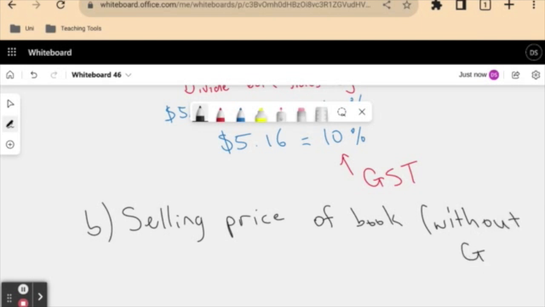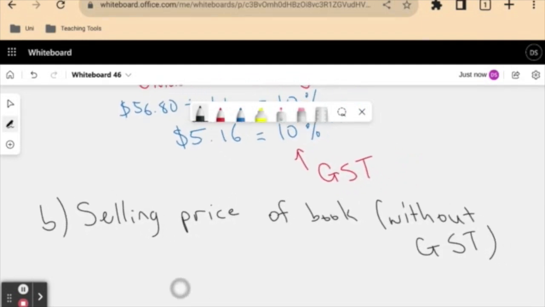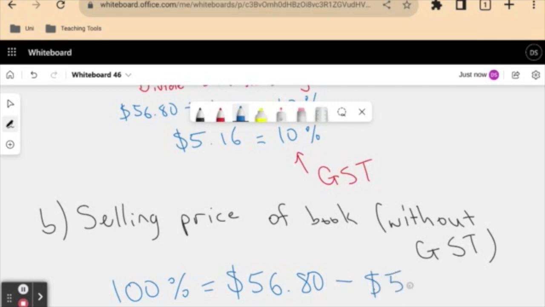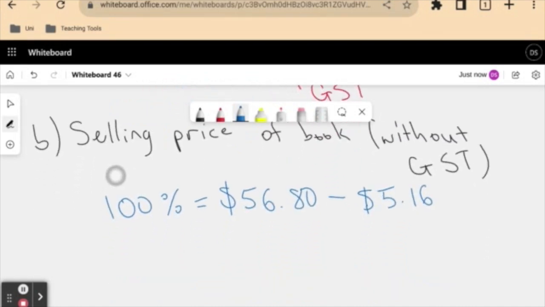There's a couple of ways we can do this, but the easiest way to me would be that, well, 100%, our original price, just equals the marked price, our $56.80, minus the GST, which is $5.16.